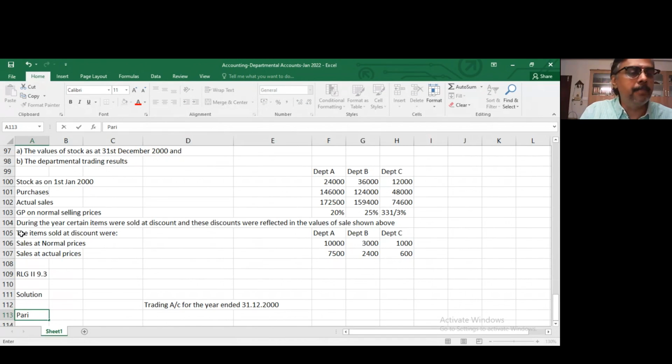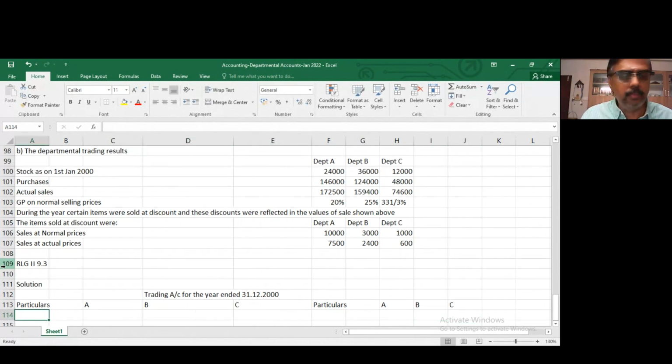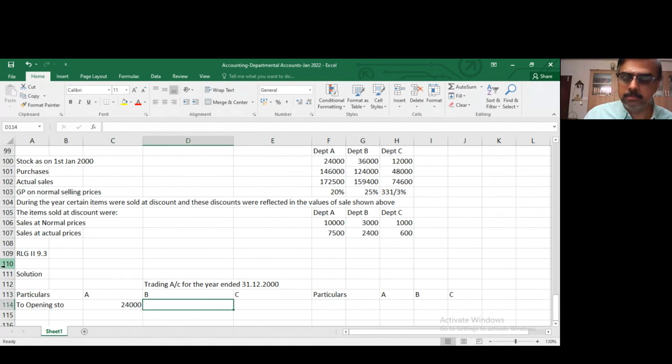Particulars: Department A, B, C. To opening stock, they have given us for A department 24,000, B department 36,000, and C department 12,000.